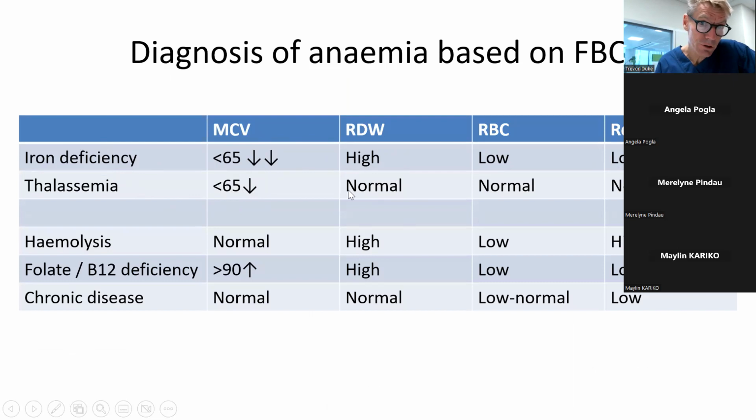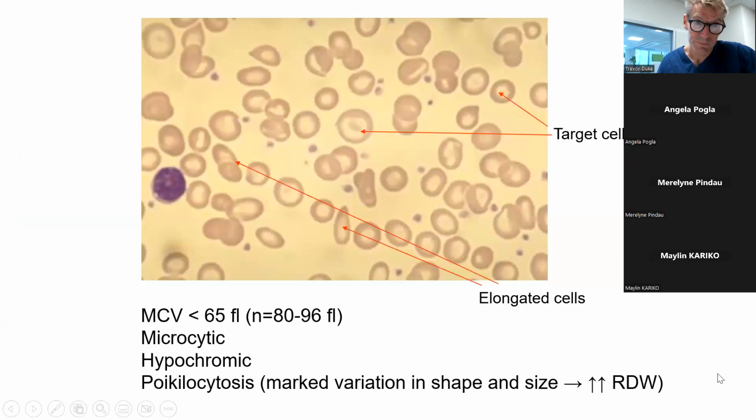The red cell distribution width will be normal. The red blood cells will usually be normal, and the reticulocyte count will be either normal or high. And again, we'll talk about hemolysis and B12 deficiency at another time. But just by looking at each of these parameters in a child who's got anemia, you can more or less work out what the likely cause is.